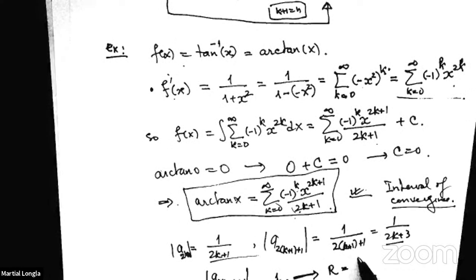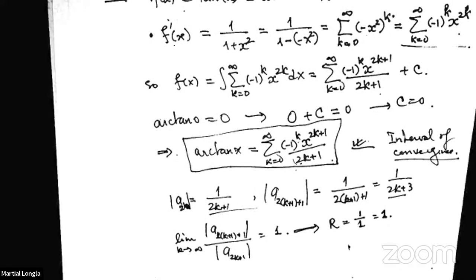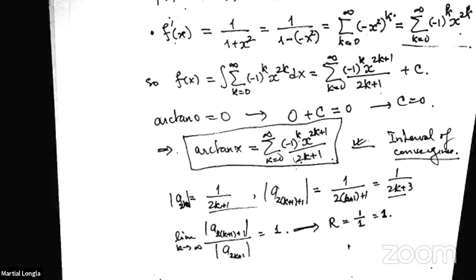So R is 1 over 1, equal to 1. In this case, it is not true for all real numbers. Unfortunately, it's only true for x within R equal to 1.